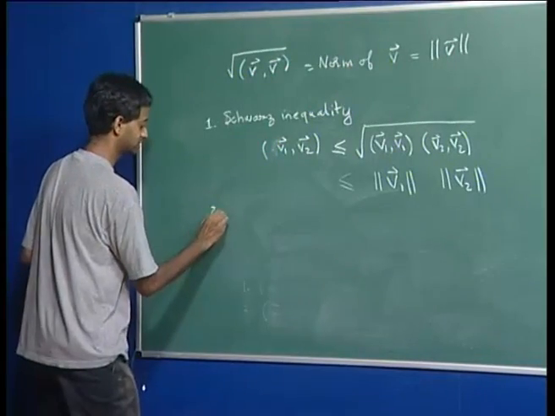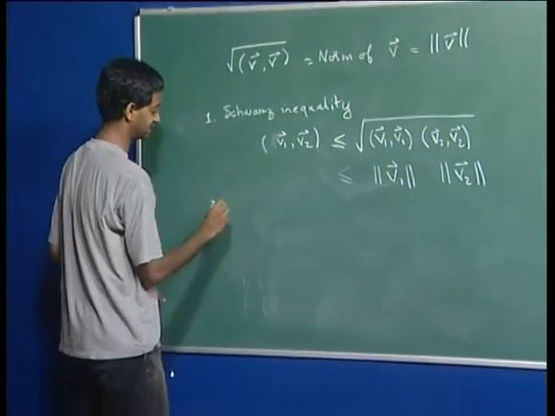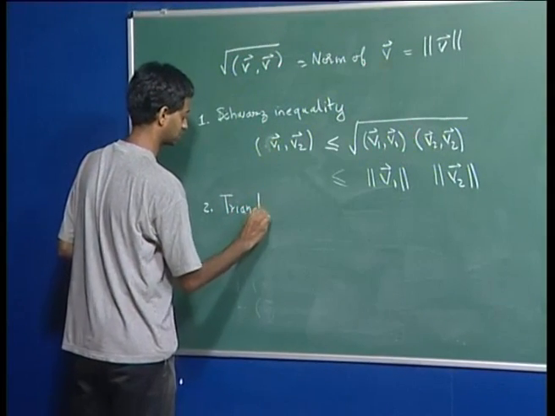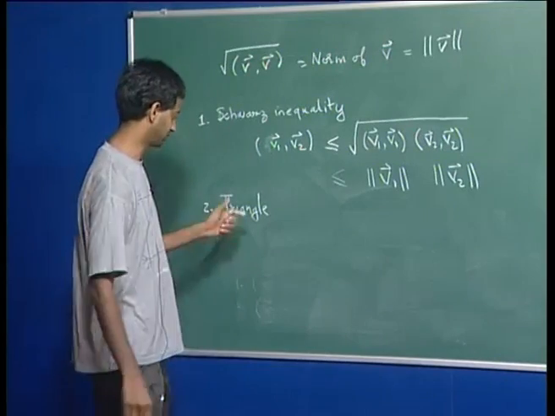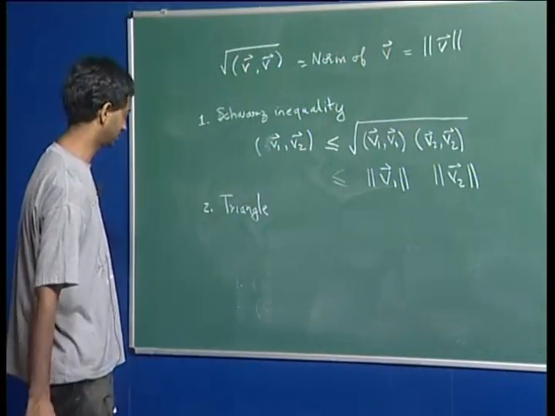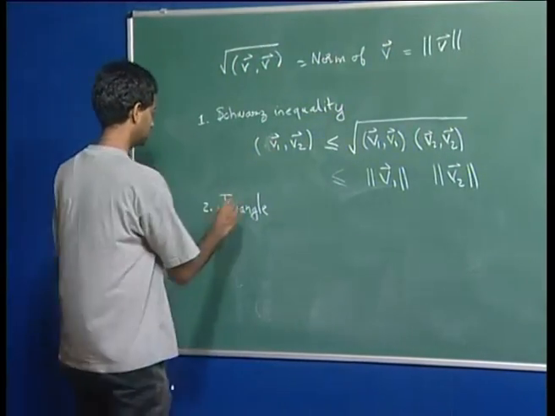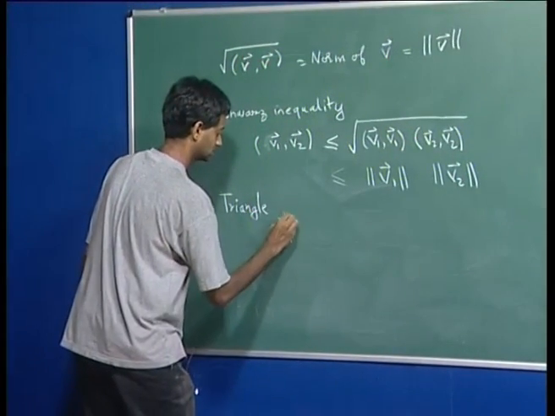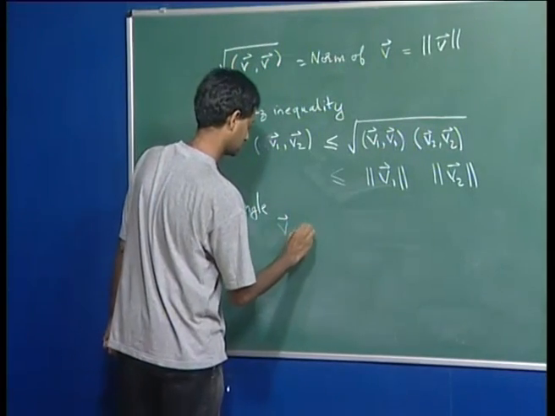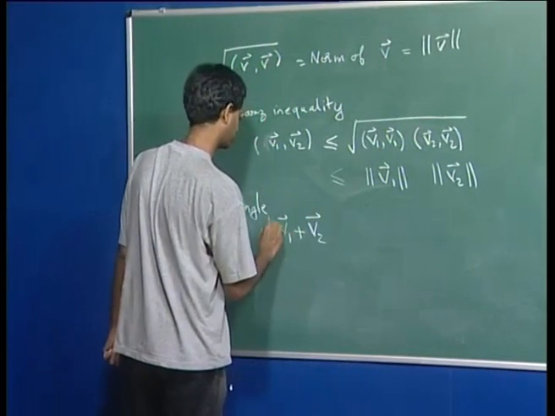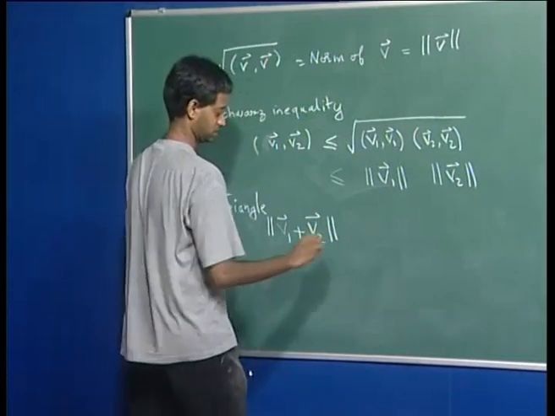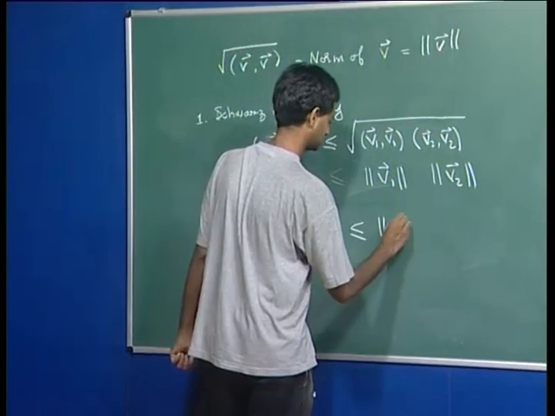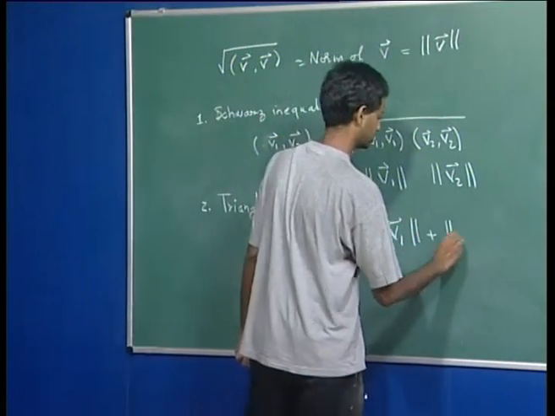The second property that they satisfy, and actually it is not just one property, there are a whole series of properties that follow from this one, is called the triangle inequality, and this states that the norm of v1 plus v2 is always less than or equal to the norm of v1 plus the norm of v2.